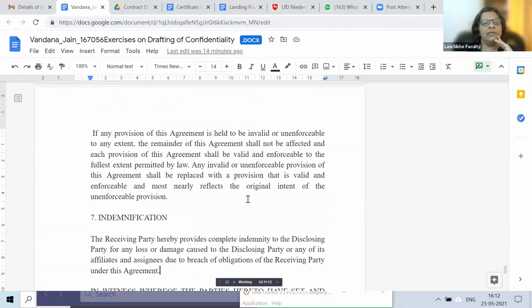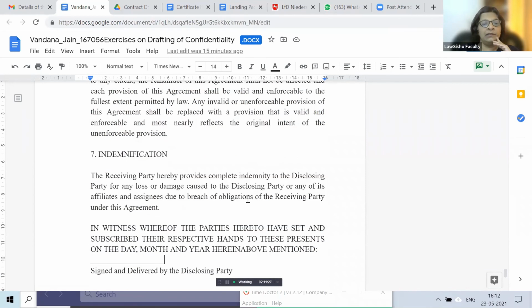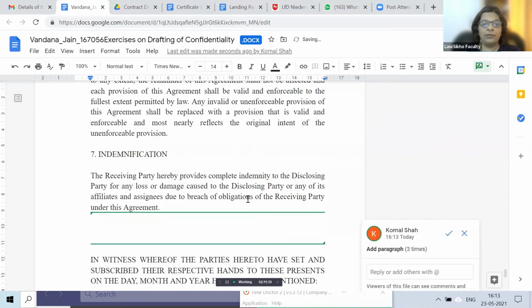Indemnification. The receiving party hereby provides complete indemnity to the disclosing party for any loss or damage caused to the disclosing party or any of its affiliates and assignees due to breach of obligations of the receiving party under this agreement. Okay. Here, if you are on the receiving party's side, you can have force majeure brought in. And lockdown is not force majeure.